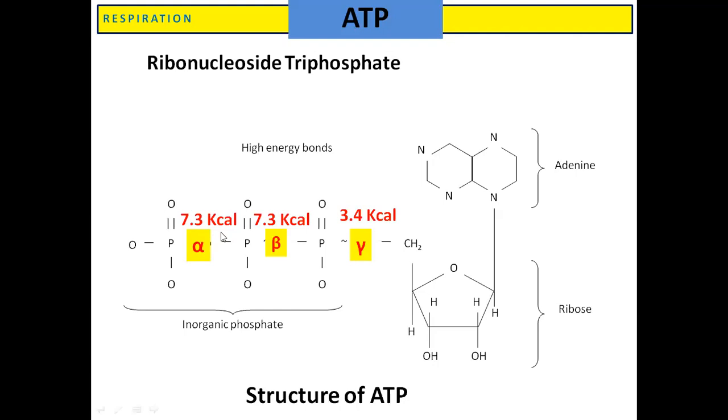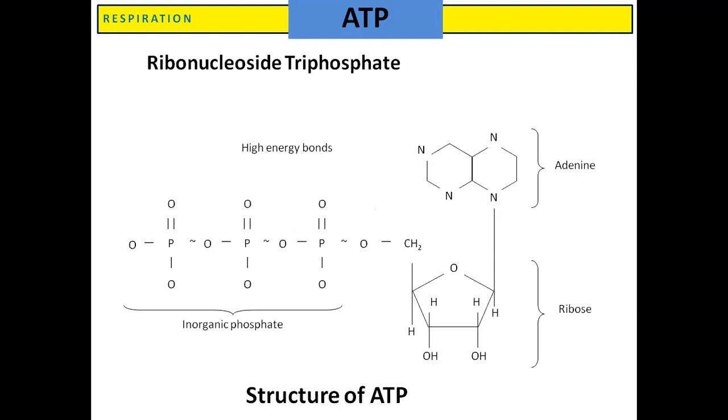Each of these phosphate bonds conserves energy. The metabolic energy produced by ATP is released due to the breaking of these phosphate bonds. These phosphate bonds are high energetic bonds. In any metabolic process, ATP provides the metabolic energy.